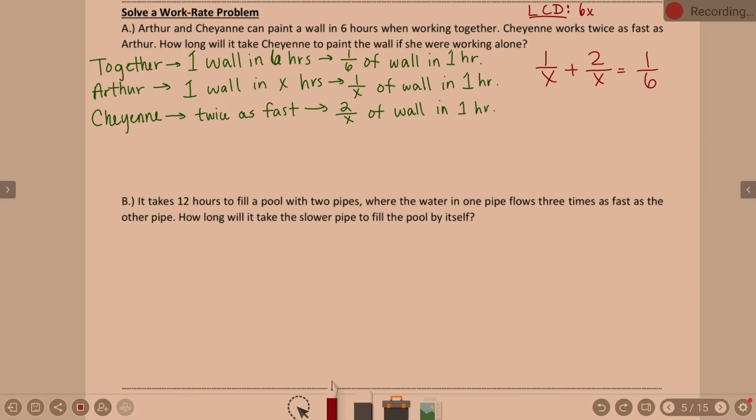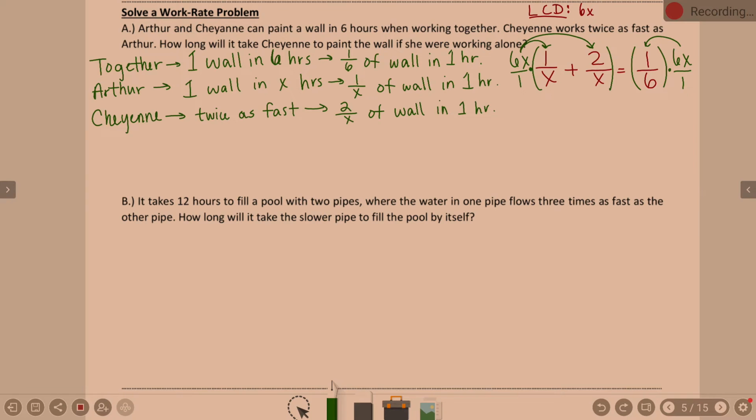And that's what I'm going to multiply both sides by, is 6x. And what's 6x as a fraction going to be? 6x over 1. Okay? So, we're going to have to do 6x times 1 over x, 6x times 2 over x, and 6x times 1 over 6.